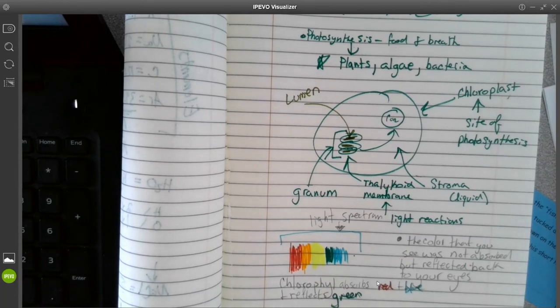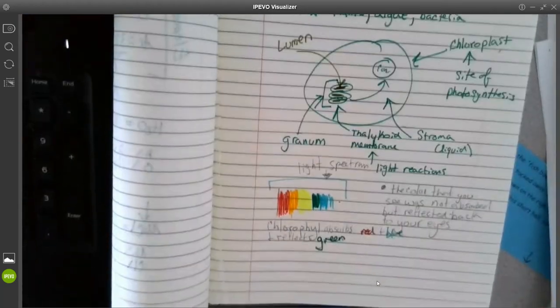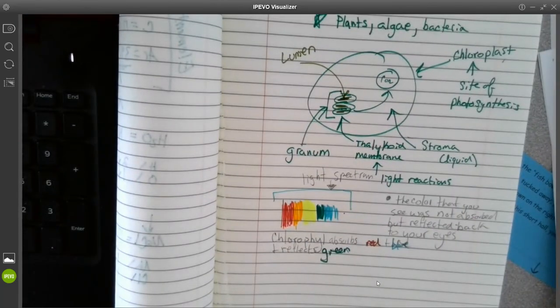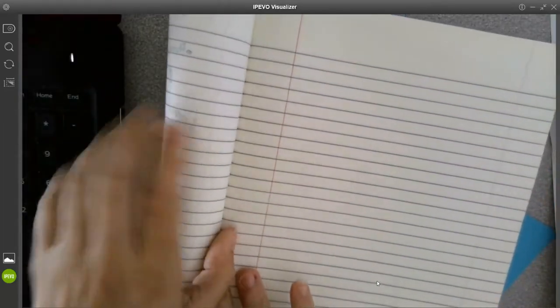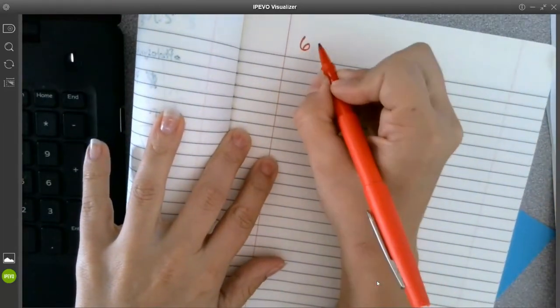Now, going through our entire process of photosynthesis, this may go back a little bit further than what you like, but there is a chemical reaction. Our chemical reaction for photosynthesis is the following.